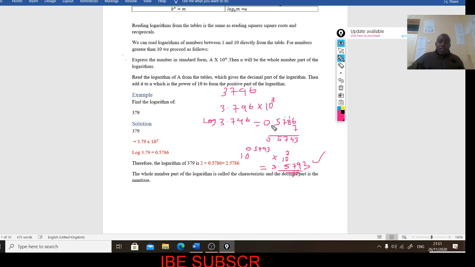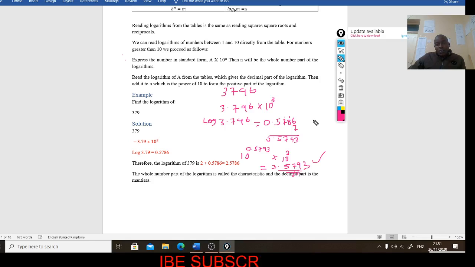So you should be able to find a logarithm. That is how we use the table to find logarithms, and we shall be using it all the time. I know some of you use calculators, but if you are told to use a table, just use the table, because sometimes the calculator does not give you the exact answer that is in the table. If the examiner wanted you to use the table and you have used a calculator, you may be able to round off to 4 significant figures, but some of them do not give exact figures as the table.